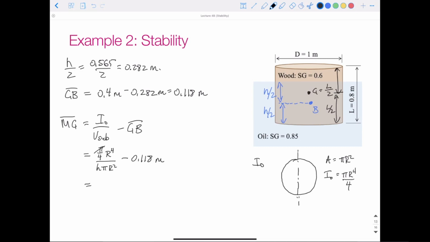So we did this, our pi's cancel out. This just becomes r squared. We get r squared over 4h minus 0.118, which is equal to negative 0.007.